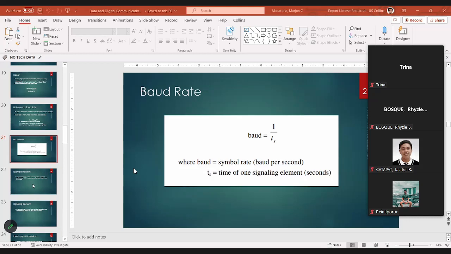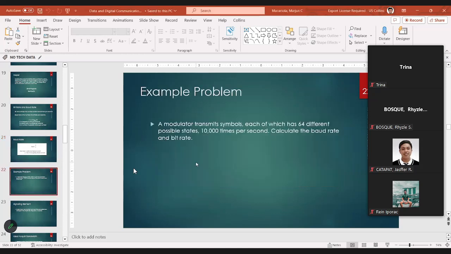Next, an example problem. A modulator transmits symbols, each of which has 64 different possible states, 10,000 times per second. Calculate the baud rate and the bit rate. Again, baud rate is the symbols per second, or the signaling elements per second.